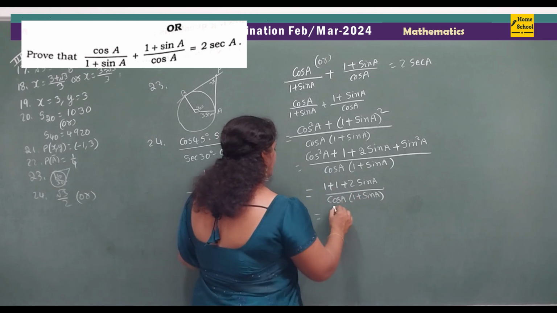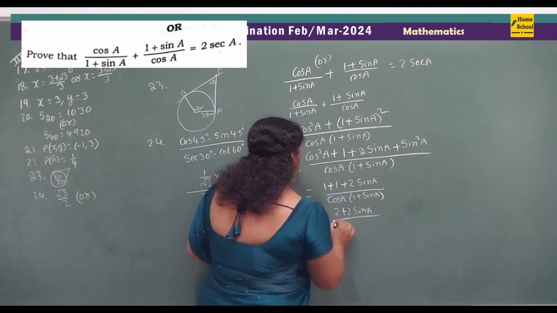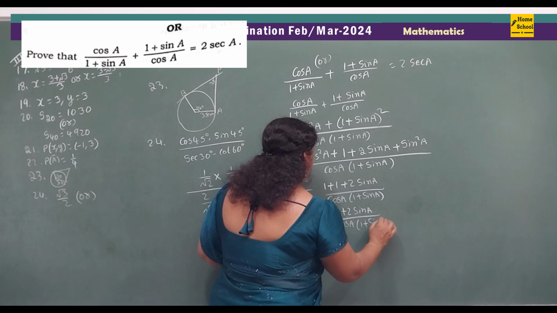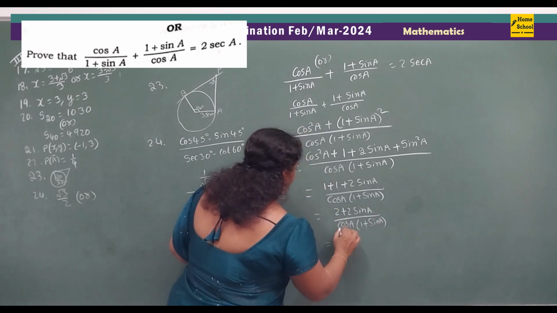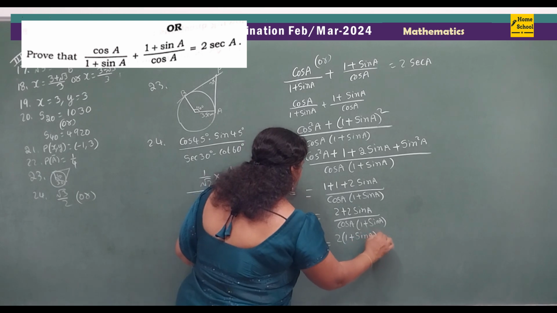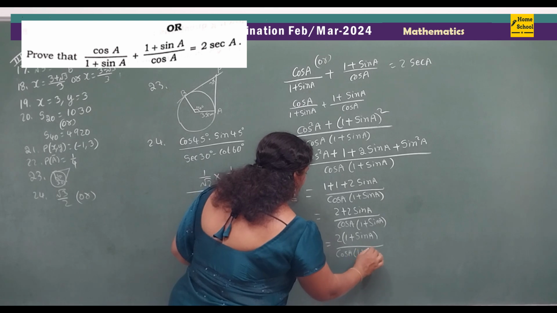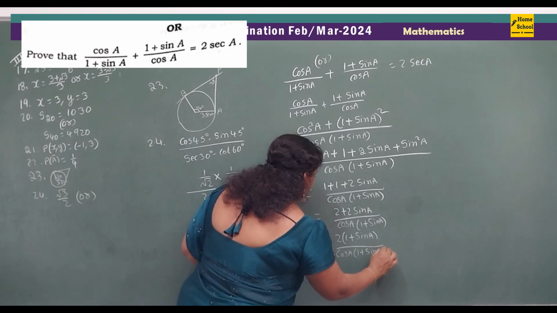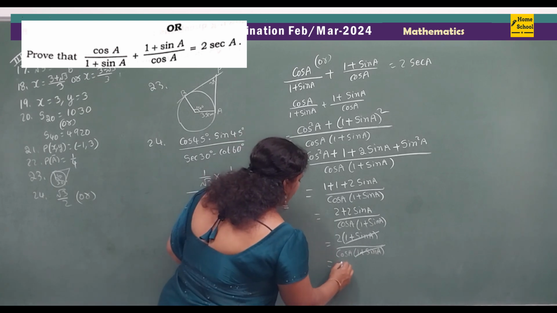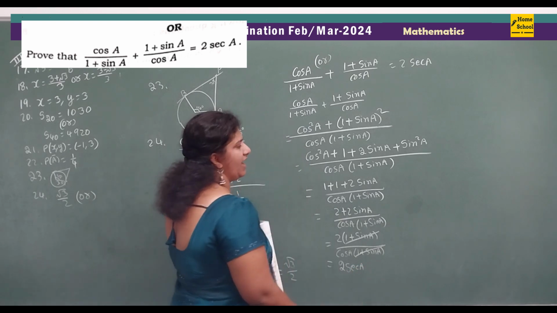This is 2 plus 2 sin A by cos A into 1 plus sin A. Now take out 2 common in the numerator. 1 plus sin A by cos A into 1 plus sin A. 1 plus sin A, 1 plus sin A will be cancelled. 2 by cos A is nothing but 2 secant A. This is equal to RHS.